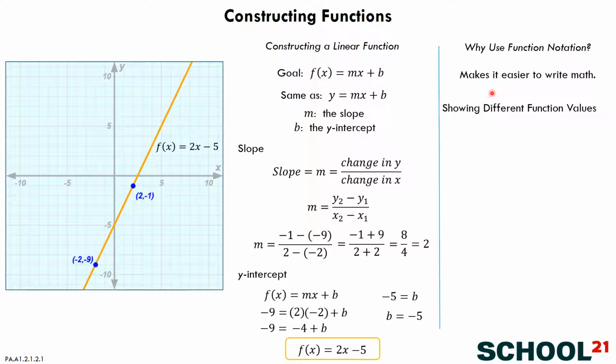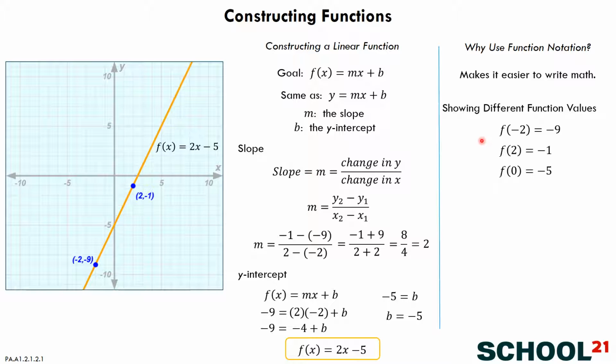If we ask what the function or the line equals when x equals -2, well, y is -9. We saw that right there, right? What is the function equal when x equals 2? Well, it equals -1. What is the function equal when x equals 0, or what does y equal? -5. So those are all points that we figured out.